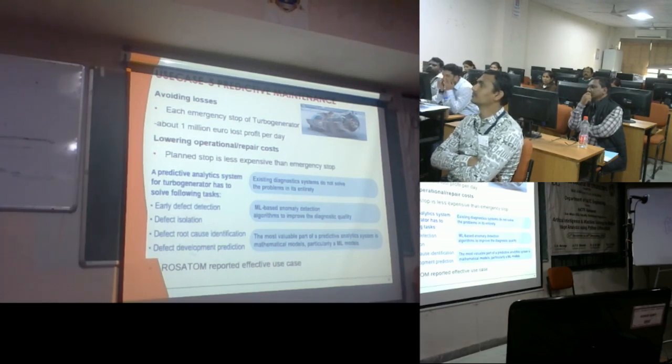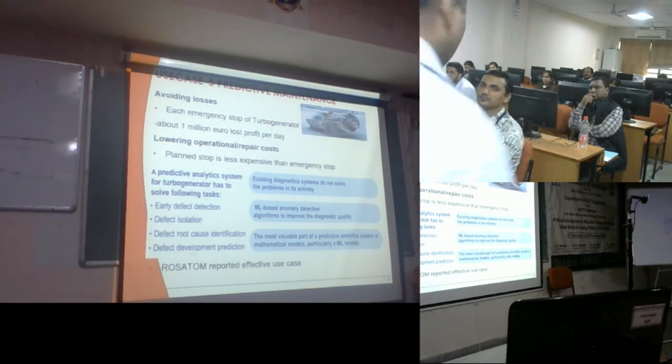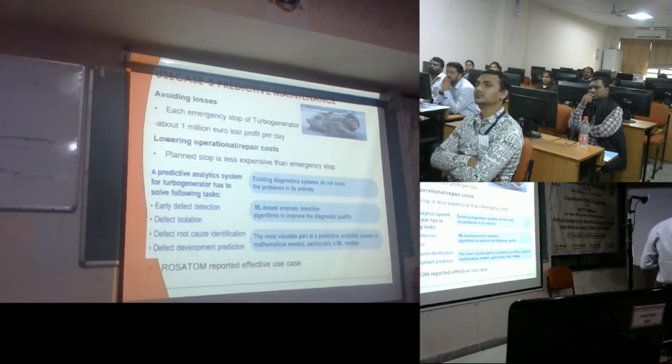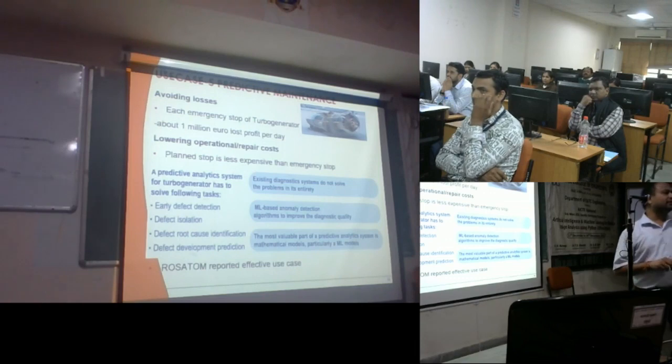Plant shutdown takes place annually or biannually, just to repair all the components or monitor the healthiness of all the components. But emergency shutdowns are not routine, because some accident or some event that had not been postulated has occurred. So to maintain the reactor in a safe state, we have to do an emergency shutdown.